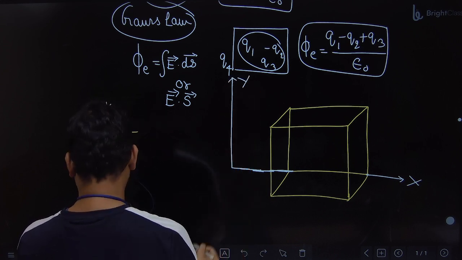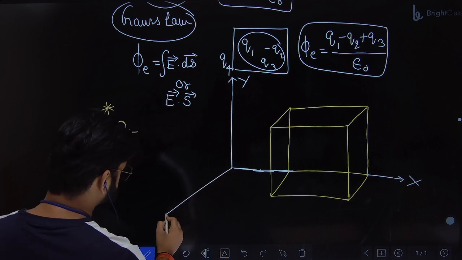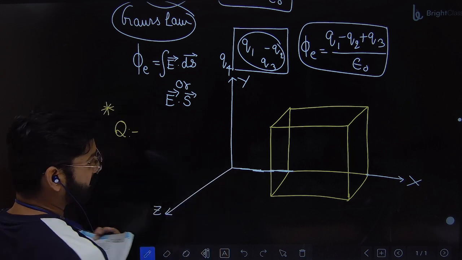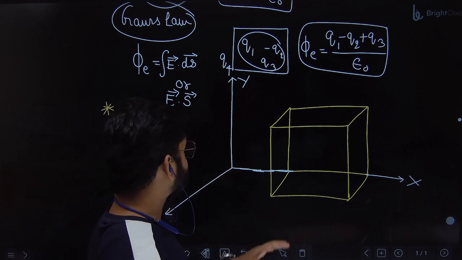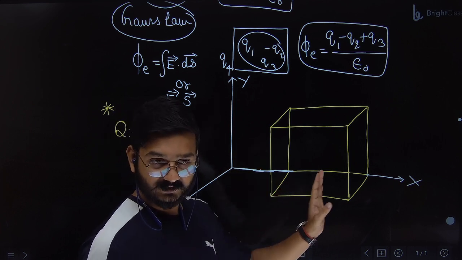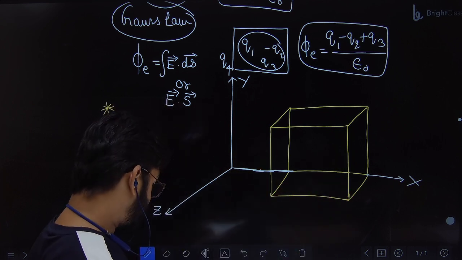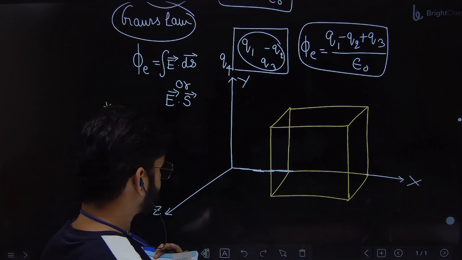This is the y-axis and this is the z-axis. So we have a cube present in the XYZ system.